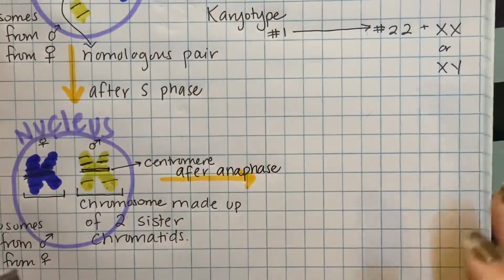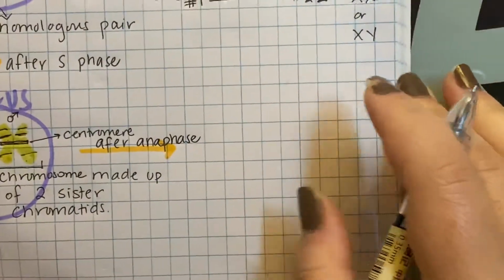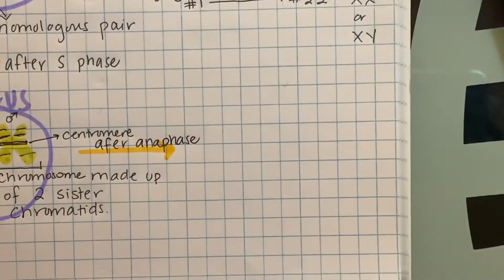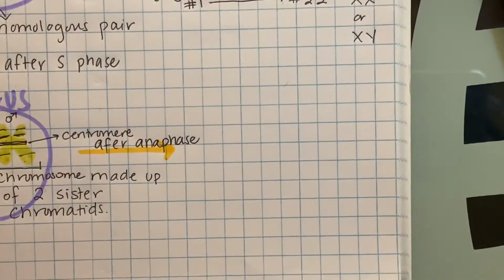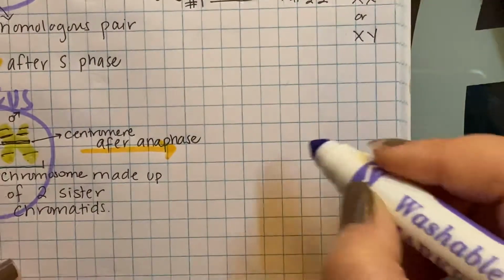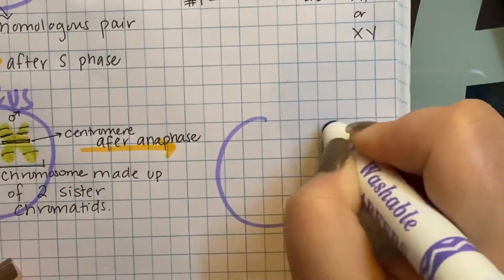And if you don't know the steps to mitosis and meiosis, watch my next video. Those homologous pairs will get split up and the chromatids will get split up.